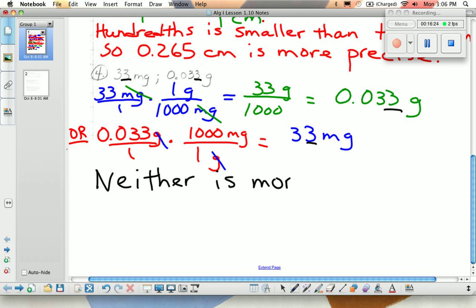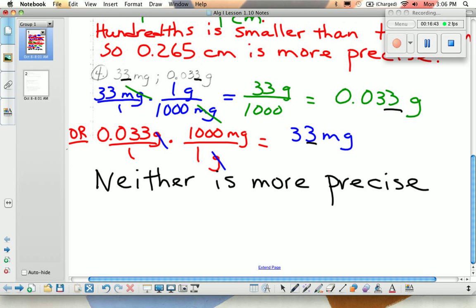So couldn't you just put 33 milligrams is equal to 33 milligrams? Not really, because it isn't the fact that they're equal to each other. That's what I was just trying to say. It's because even after you converted them, they're now both out to the same unit of measure.